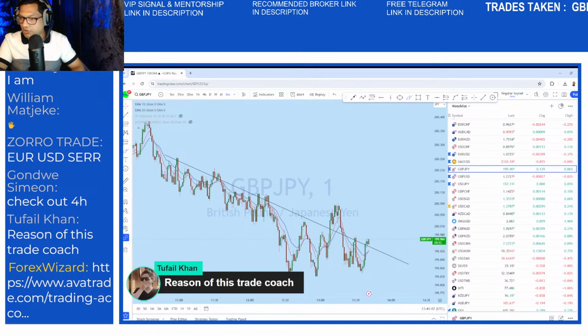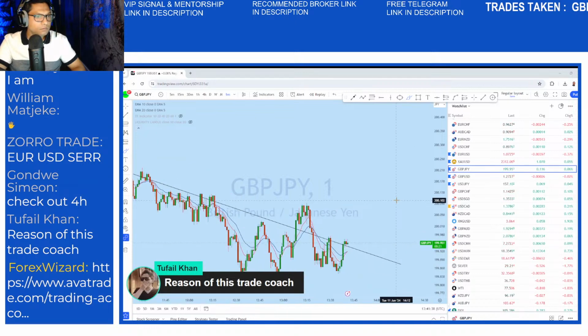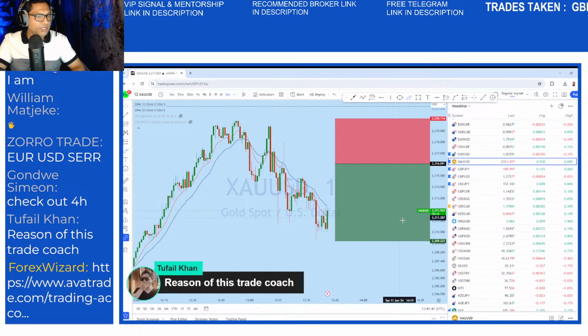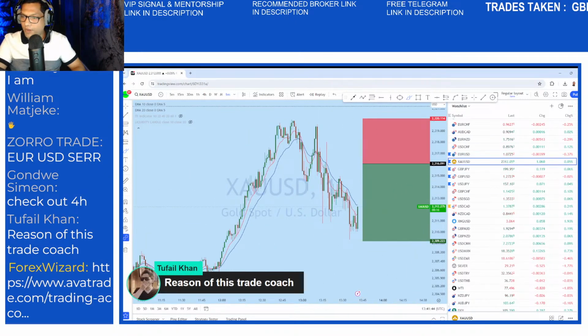We saw the GJ suddenly get a bounce, so now it's in a bit of a pullback. Tomorrow, another big day is coming up, CPI.